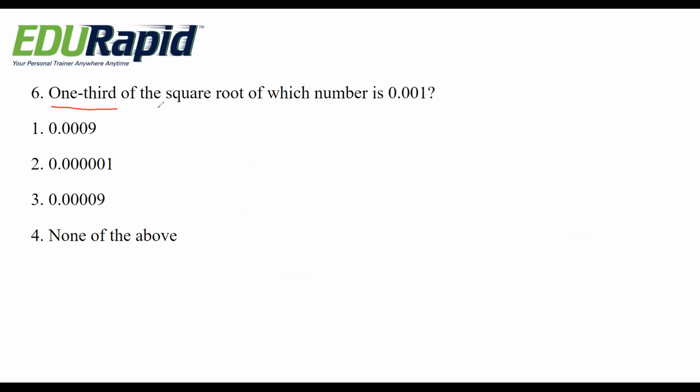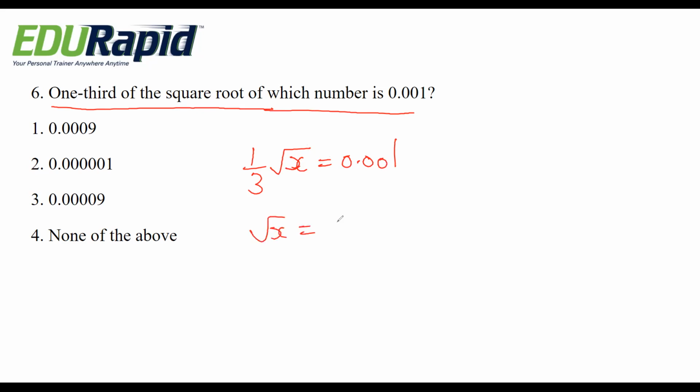Here they are asking 1/3 of the square root of which number, x, is 0.001. Just simplify this equation. This 3 goes here, 3 into 0.001 is 0.003. So after that the square root goes to the right side.